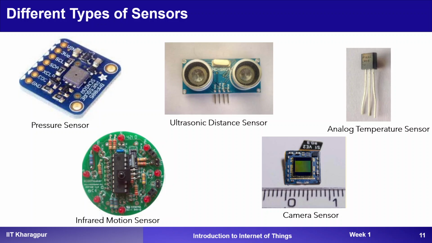Now the classes of sensor. So based on the output value which is generated by the sensors, they are classified into two categories. First one is your analog sensor and second one is your digital sensor. I'll tell you the definition later.